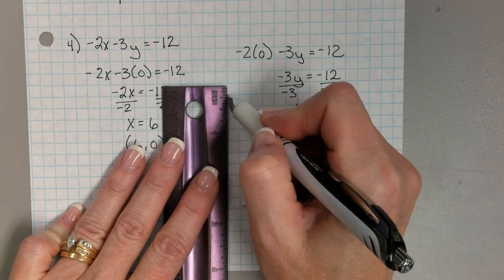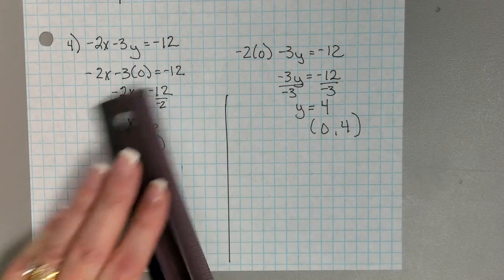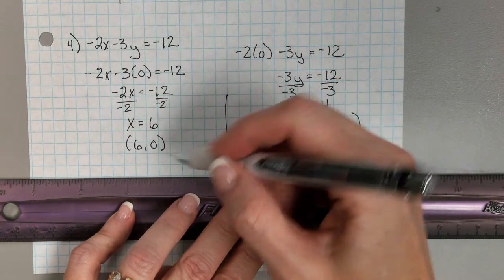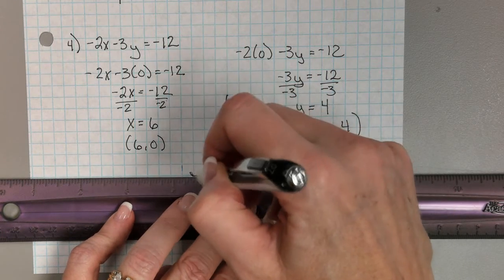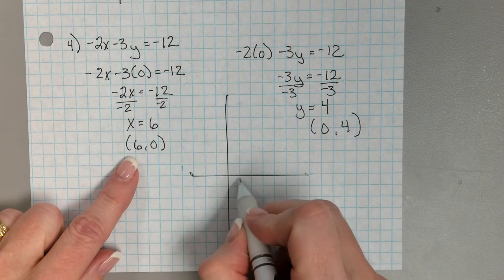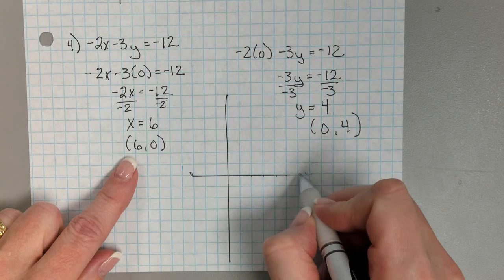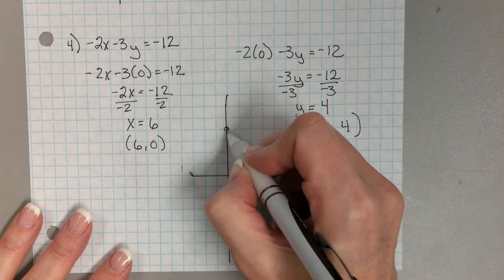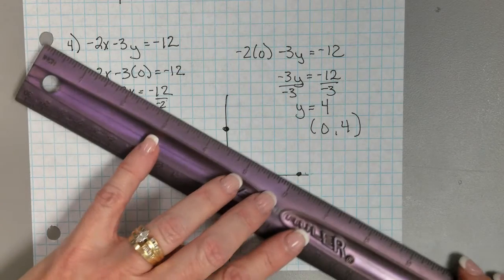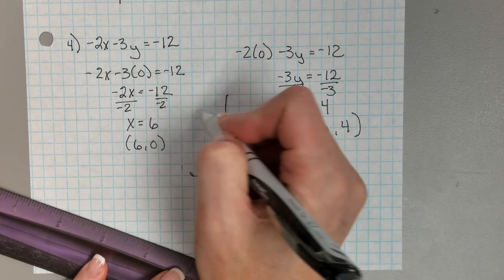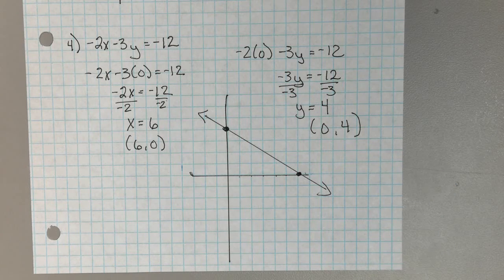So let's see what that looks like. Did I have a positive or negative line here? A negative line. All right, so I got 6, 0, 1, 2, 3, 4, 5, 6, and 4. And there was my line. How many got that one?